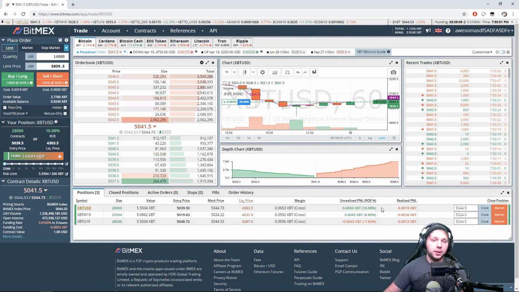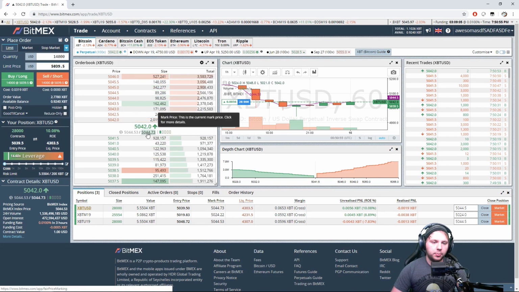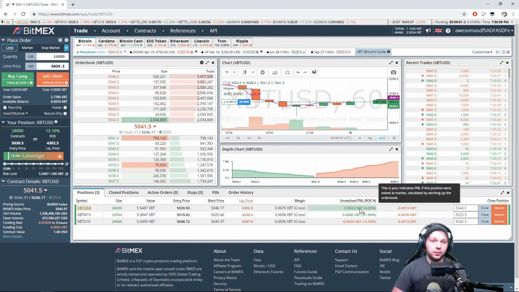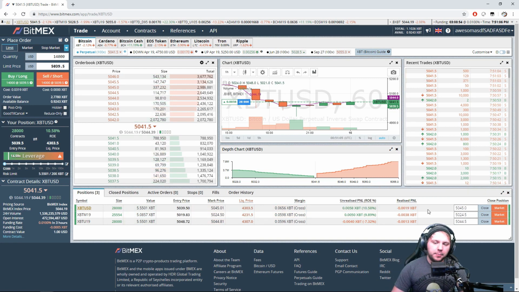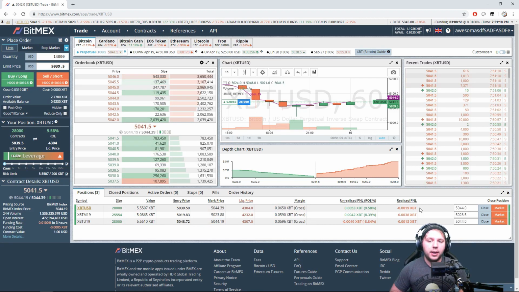But since the Bitmex platform is not at the total mark price, I would actually get 0.0022 XBT, which is just a little bit higher than the fees that I paid to establish this position. So this is very critical, and I definitely want you guys to take note of this if you do plan to start trading on this platform.